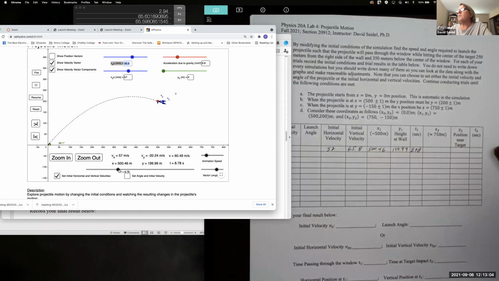Now I'm going to move to X equals 750 meters. And I have 745.46 here. So now I'm going to use these little arrows because it's really hard to move this too far, but I wanted to go quickly, go over close.